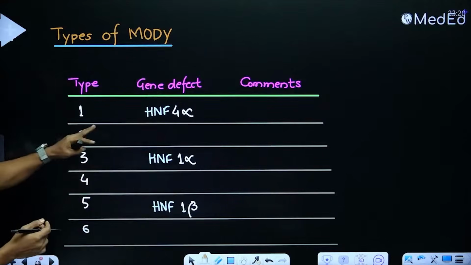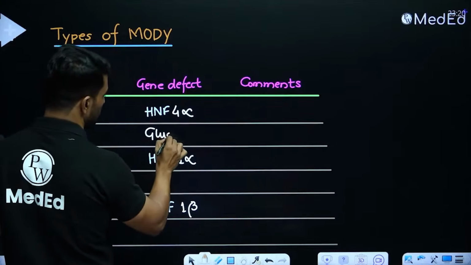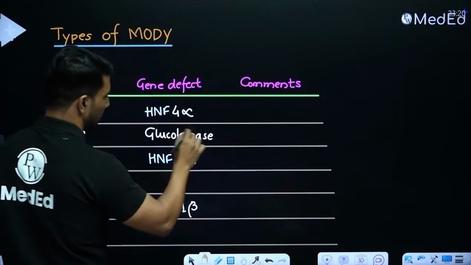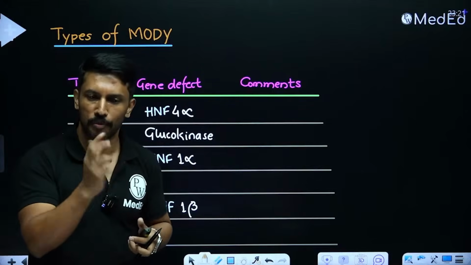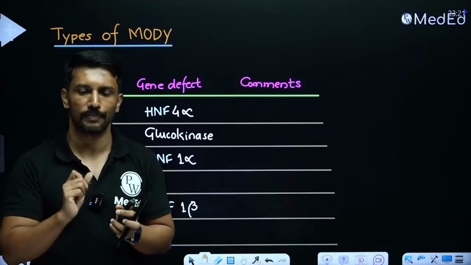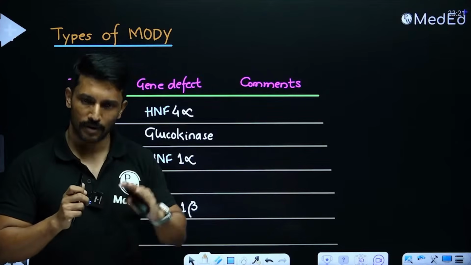Okay. Then MODY 2 is a mutation in the glucokinase gene. We were just talking about it, right? As the glucose enters the pancreatic beta cell, we will activate a process of generating ATPs using this glucose, and one of the first steps is phosphorylation with the help of glucokinase. If there is a mutation, even when more glucose enters the cell, we will not generate ATPs.